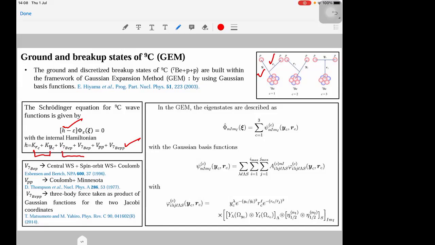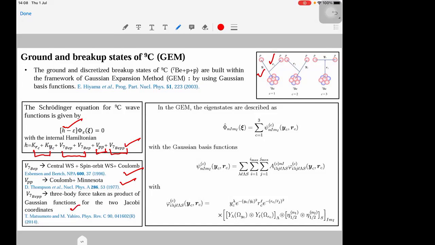The next 2 terms are the interaction between the core and proton, for which we have adopted the central Woods-Saxon plus spin-orbit Woods-Saxon plus the Coulomb interaction adopted from this reference. For the proton-proton interaction, we make use of the Coulomb plus Minnesota interaction. And we have the 3-body interaction, which is taken as the product of Gaussian functions for the 2 Jacobi coordinates.